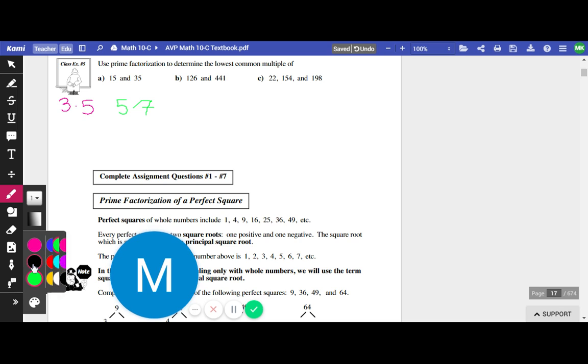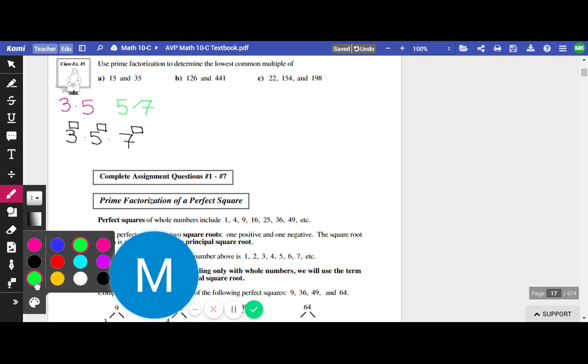Just like GCF, you look at your prime factorization and write out all the numbers you used. You used 3, you used 5, and you used 7. You need to pick an exponent for all 3 of these.